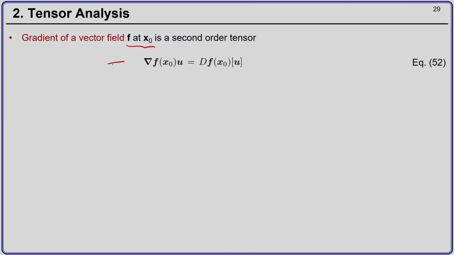Vector has one index, so we end up with a second order tensor which has two indices, and the gradient of a vector field f at x 0 is defined as the directional derivative of the vector field evaluated at x 0 in the direction u.